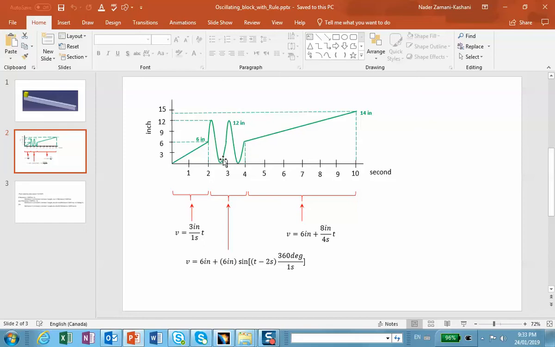So it does two oscillations with an amplitude of 6, up and down, plus and minus, and then after 4 seconds, it starts moving to the right again at a velocity of 8 inches over 4 seconds, or basically 2 inches per second. Okay, so let's start doing this problem.